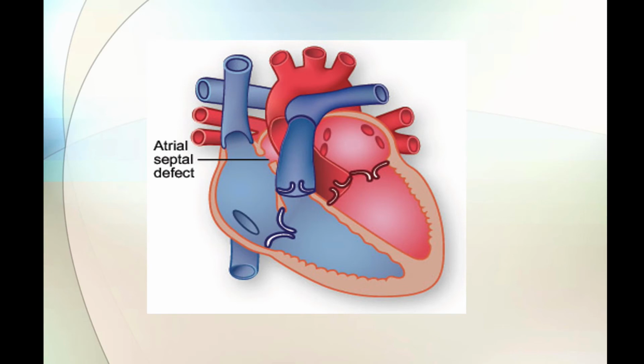Because of the higher pressure on the left, it will push some of that oxygenated blood into the unoxygenated blood and will go back to the lungs. So the lungs have already given that blood oxygen, plus it's more blood than what it should be. So it will cause problems by overfilling the lungs with that fluid. It can cause pulmonary hypertension, heart failure, and atrial arrhythmias.